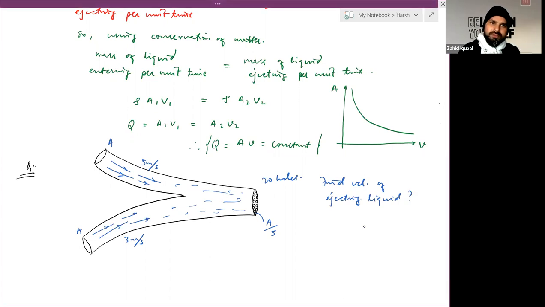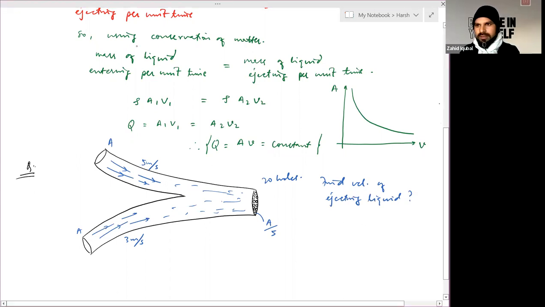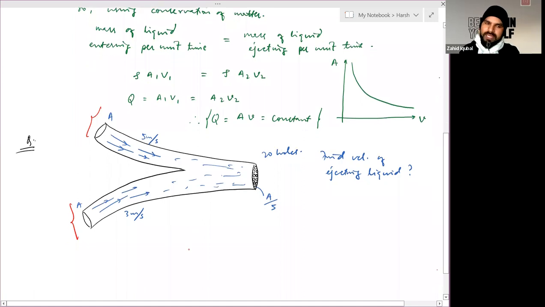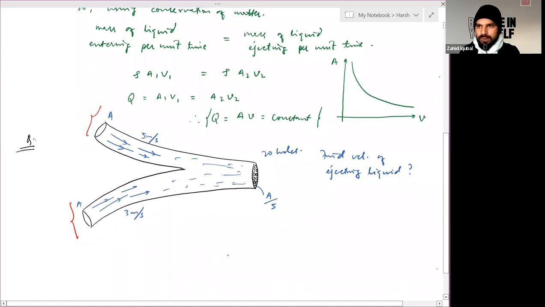Let me define how to simplify it. First, just check through how many different arms the liquid is entering this particular tube. You will say through this part and through this part, and there is only one segment through which liquid is ejecting out. According to conservation of matter, total liquid entering must equal total liquid ejecting.